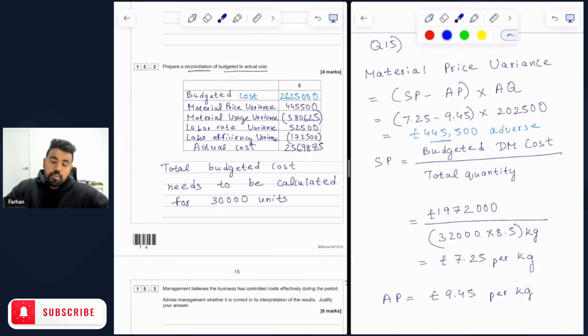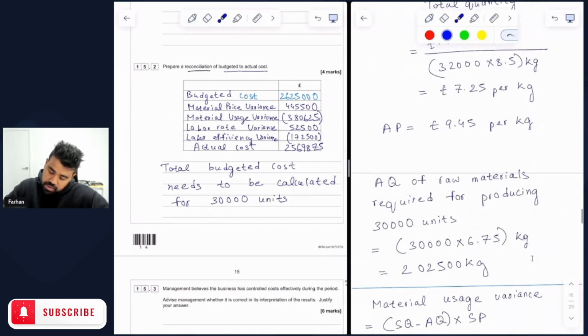So our actual cost is higher, and whatever we had budgeted before should now increase in terms of finding the actual number. Since our actual cost was higher, the material price variance would be added to the budgeted cost for 30,000 units. We are going to repeat a similar thing for each of the other variances.